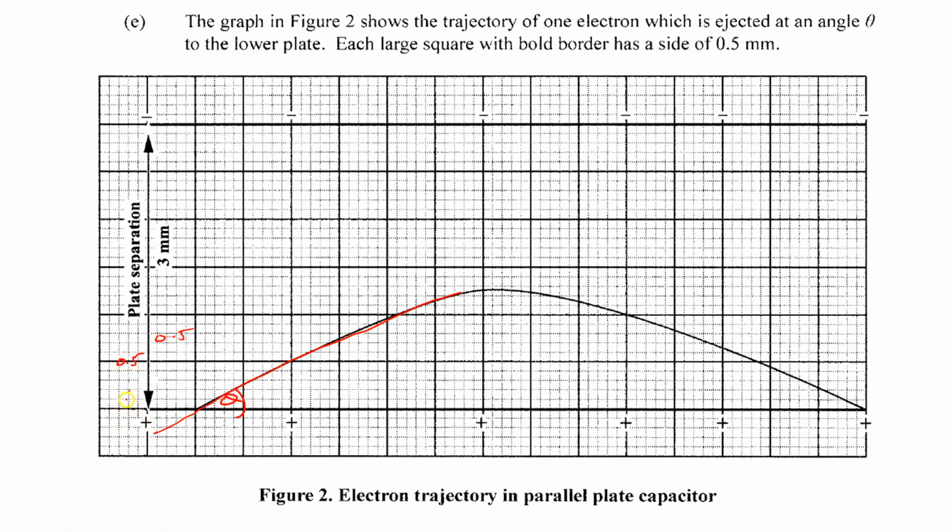So this would be 0.1, 0.2, 0.3. So we're now reading all the way up to this point here. That's the maximum height that the electron would have attained. We know that this is 0.5, this is 1, then we have 1, 2.